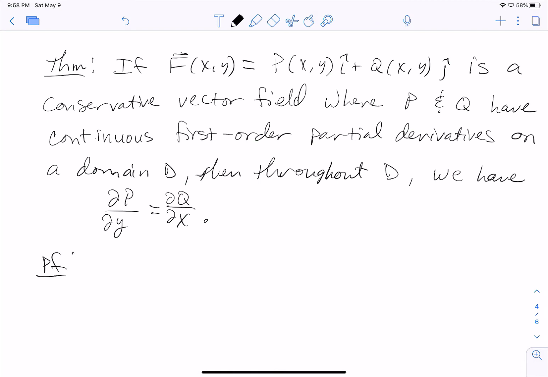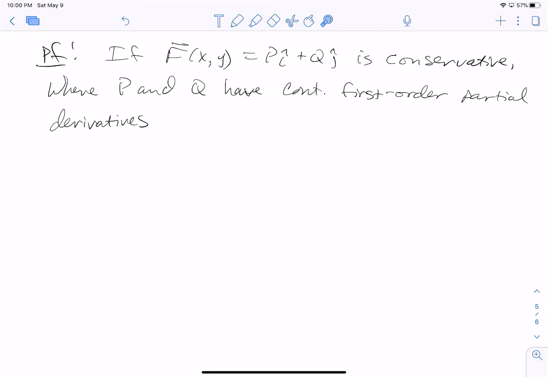To prove this, we'll say that if the vector field F that has components P and Q is conservative, where we have the continuous first order partial derivatives that we stated, then there exists a scalar function lowercase f such that the vector field F is equal to del f. That's what it means to be conservative.